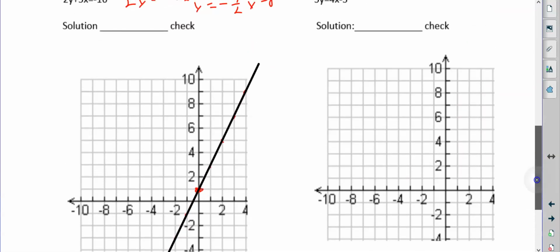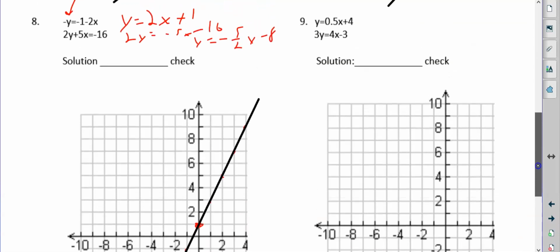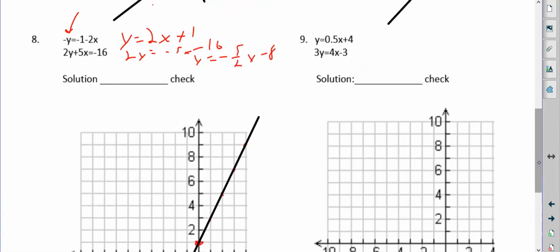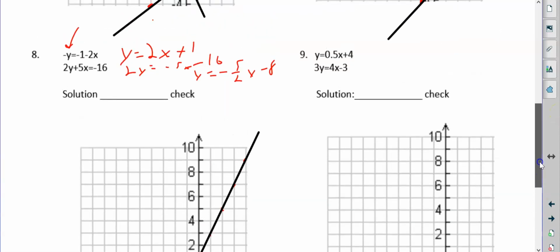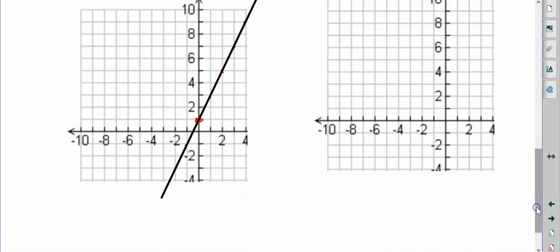Which, again, is going to make it rough because we can't graph that. So the way around that is to put negative 5/2 x minus 8 in our calculator and just get some points off of the table.